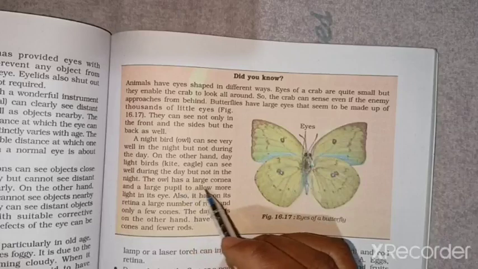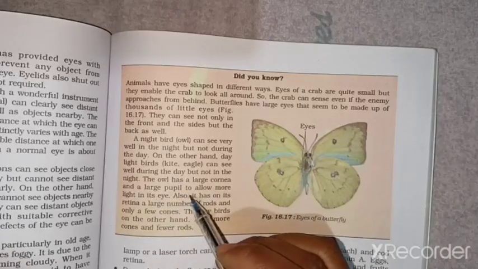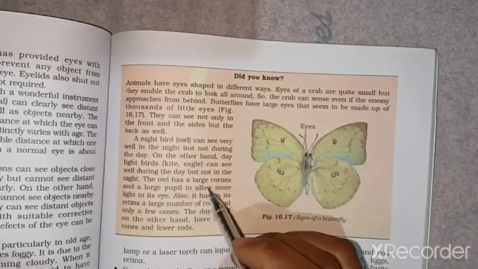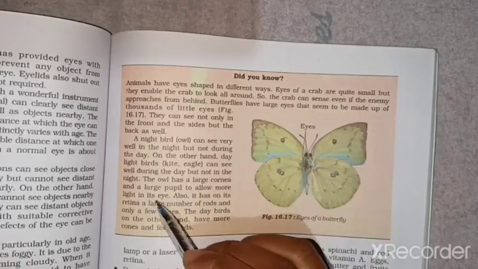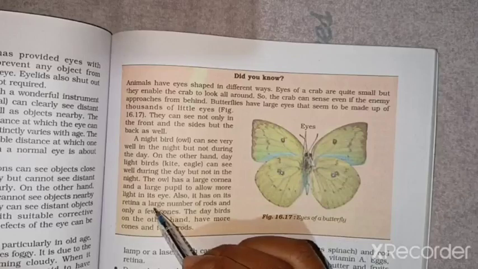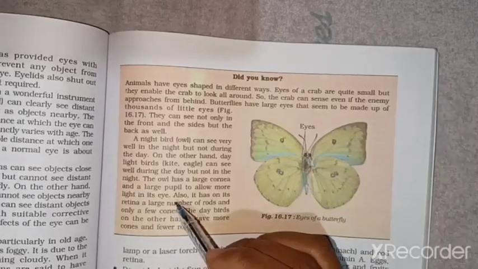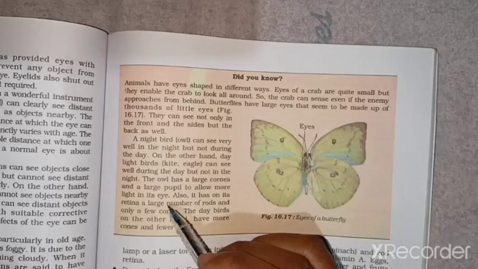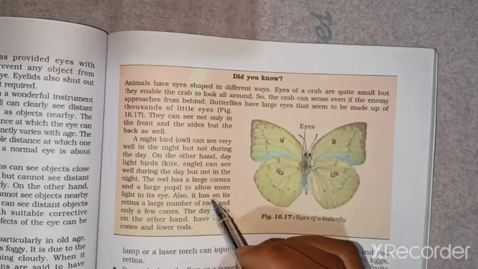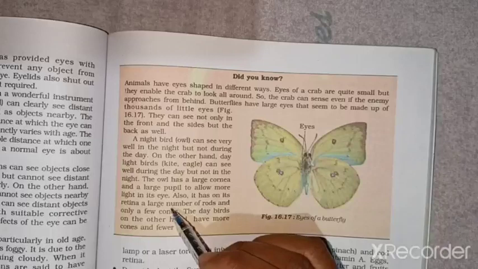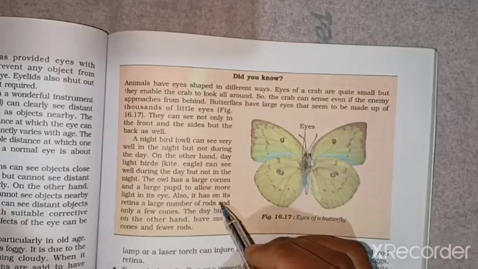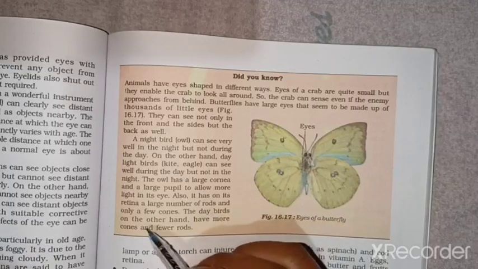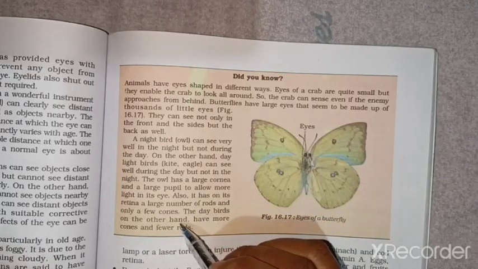The owl has a large cornea and a large pupil to allow more light into its eye. Also, it has on its retina a large number of rods and only a few cones.